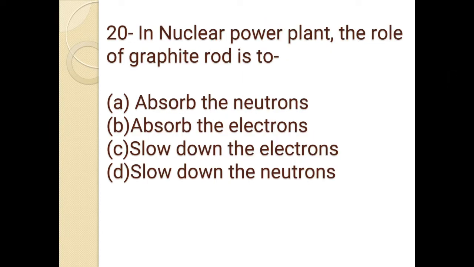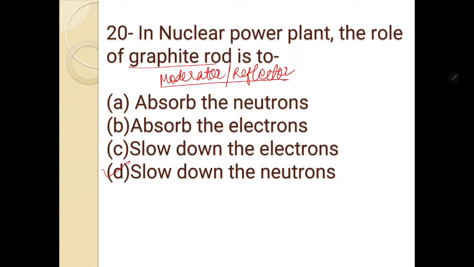Nuclear power plant, the role of graphite rod is to absorb the neutrons, absorb the electrons, slow down the electrons, or slow down the neutrons. The correct answer is the role of graphite rod, that acts as a moderator and reflector. As you all know, the graphite rod is used as a moderator or a reflector in a nuclear power plant.